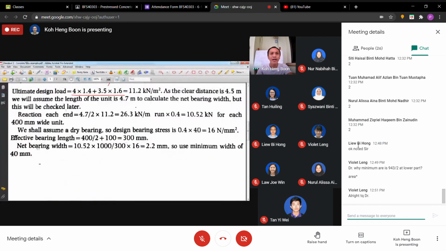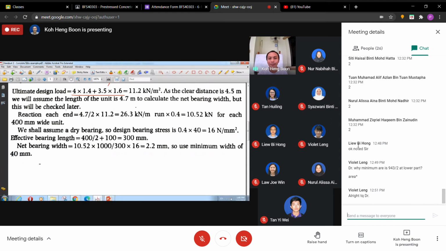So from here, we can get the net bearing width. Once you get the effective length, we want to get the width. The width is, in the Eurocode, the length. In this case, we actually require just 2.2.